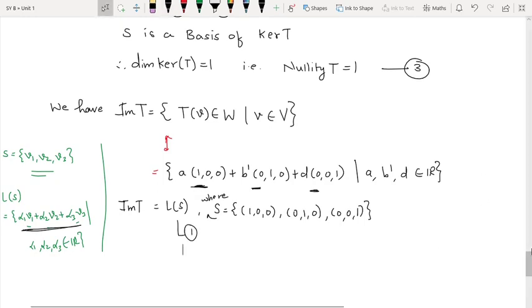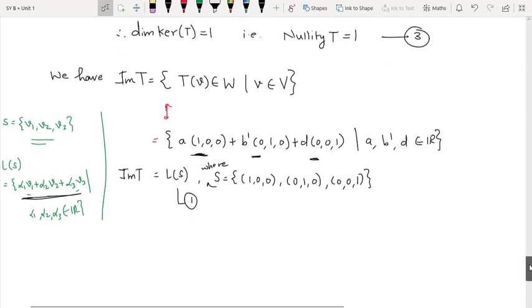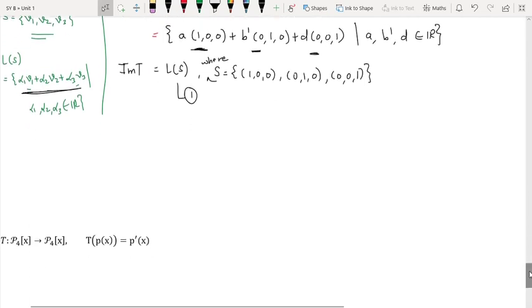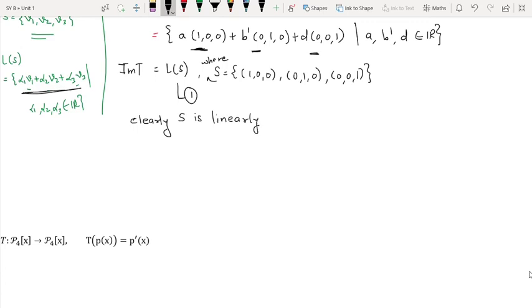So what about linear independence? Clearly S is linearly independent. Why? Because it is the standard basis of R3. Since S is a standard basis, there is no need of checking it.